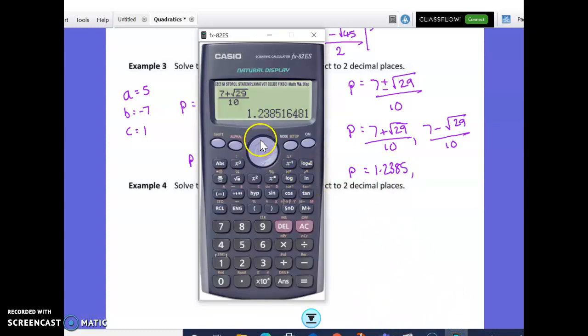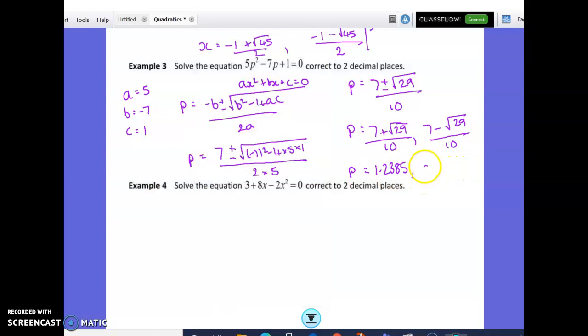And with the minus, wrong button, right, need to start again. 7 minus root 29 all over 10, which is 0.1614. I want answers to 2 decimal places, so p is 1.24 and 0.16.